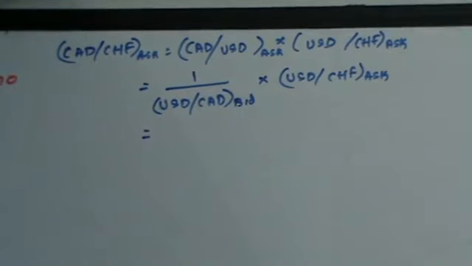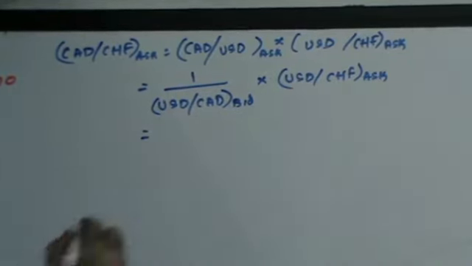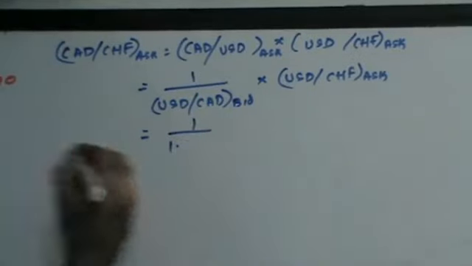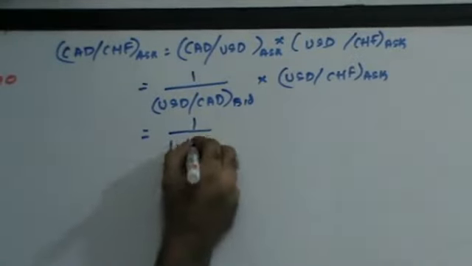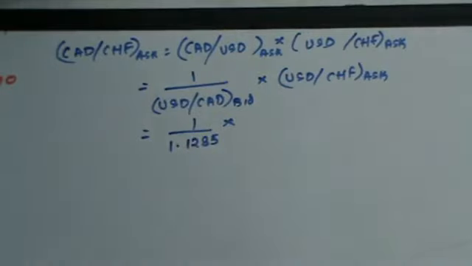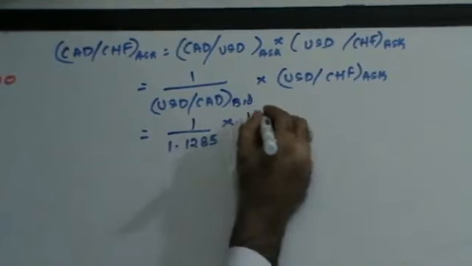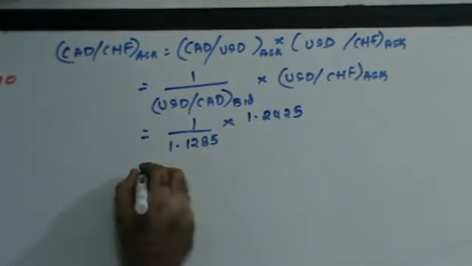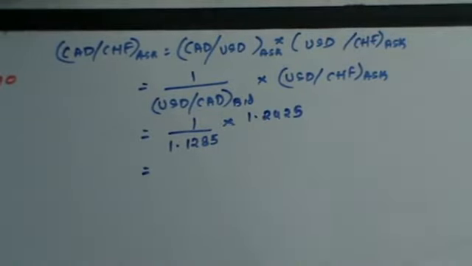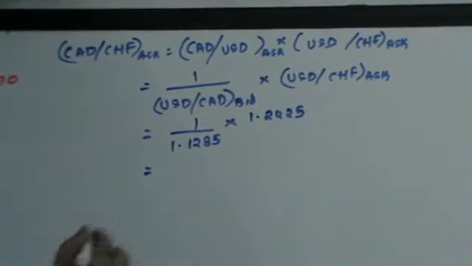Into US dollar Swiss franc ask. Now US dollar Canadian dollar bid is 1 upon 1.1285, into US dollar Swiss franc ask, 1.2425. When you solve this, this will be 1.0930.